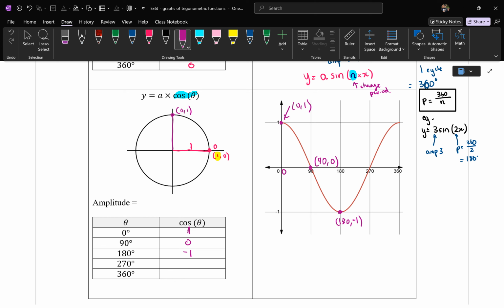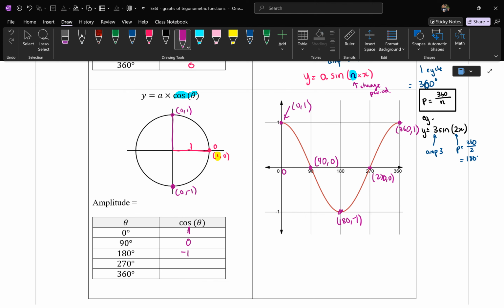And then same thing, by the time you get to 270 degrees, we can see, once I rotate to 270, that point there is (0, -1). That's why the x value is 0. And then lastly, you get to 360, back to 1 again.